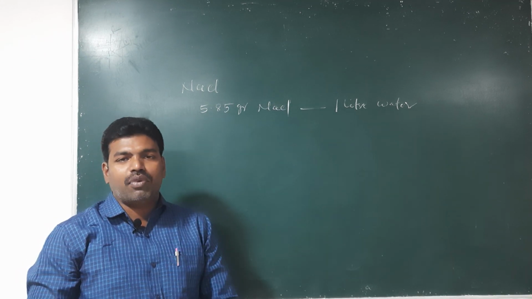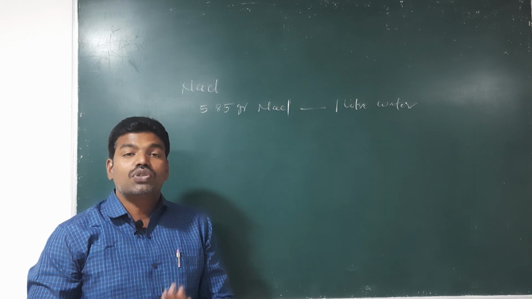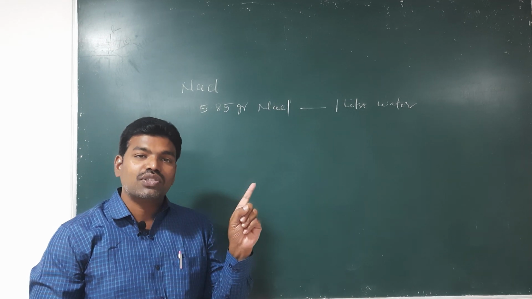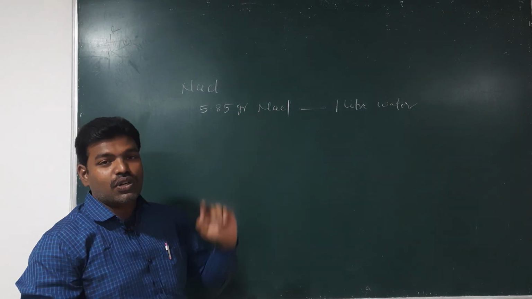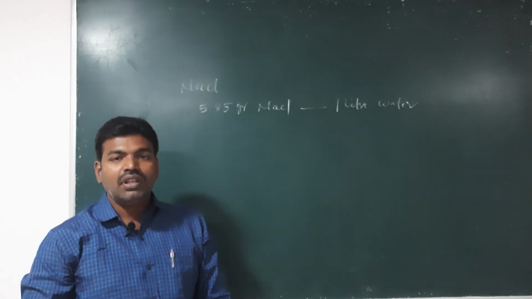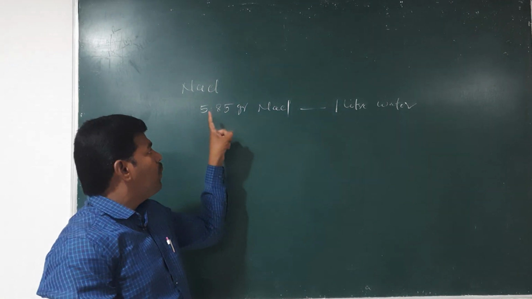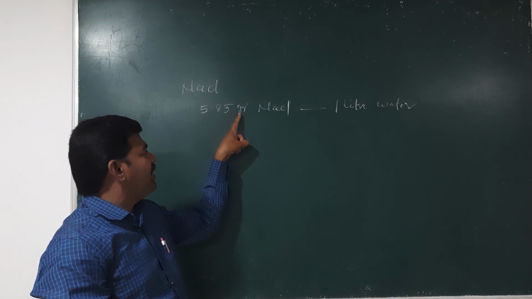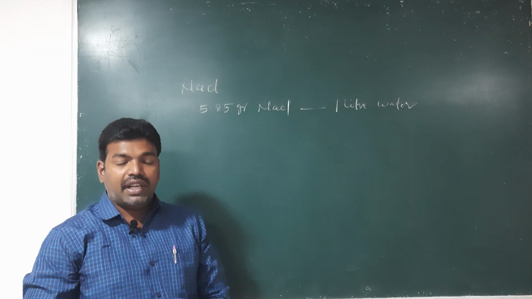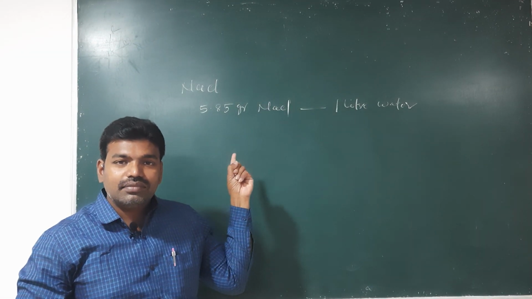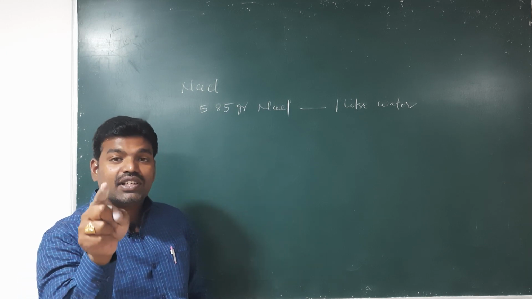In chemical terminology, that salt water is called a solution, because in that solution there is a solute. Here sodium chloride is a solute and water is solvent. So when we dissolve 5.85 grams of sodium chloride in 1 liter water, can we quantify that sodium chloride? We can quantify that sodium chloride.